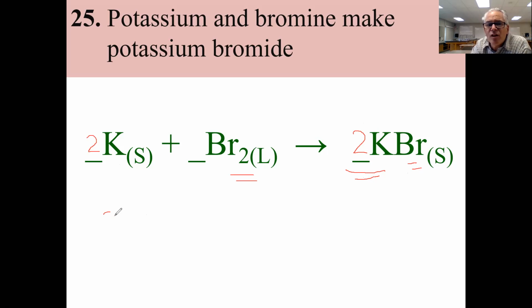Now, this is going to be in a 2 to 1 to 2 ratio. We don't write the 1 in front of bromine, Br2. Because we wrote Br2. That means there's 1. If there's more, we write a different number. We don't write 1s. So let's see what we got going on. Clear old drawings.